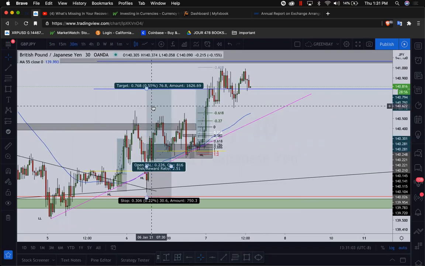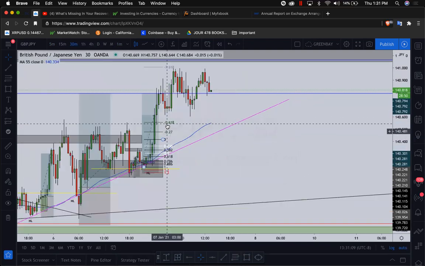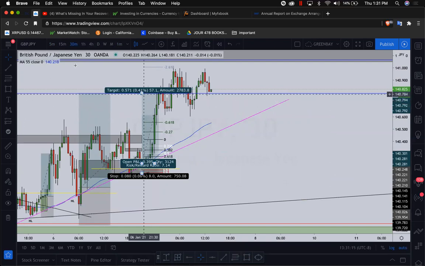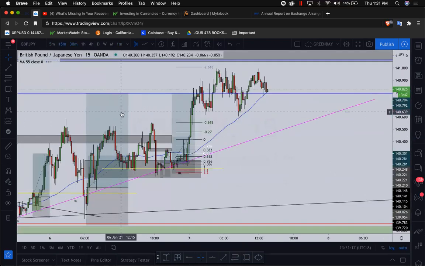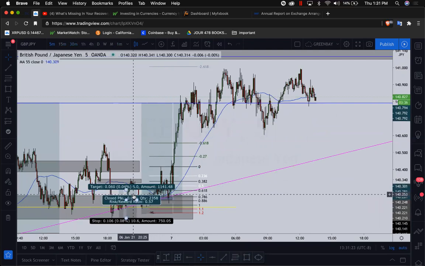Let's just round it. And then up here, this one that could have been kept was 76, but altogether I'll just do 100, right? In these two plays right here, the 54 one and the 57, altogether there's 200 pips, just above average on average, and you're risking too little, like 10 pips, 8 pips.